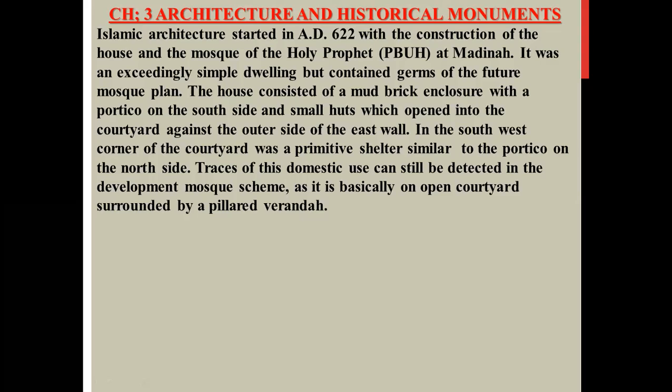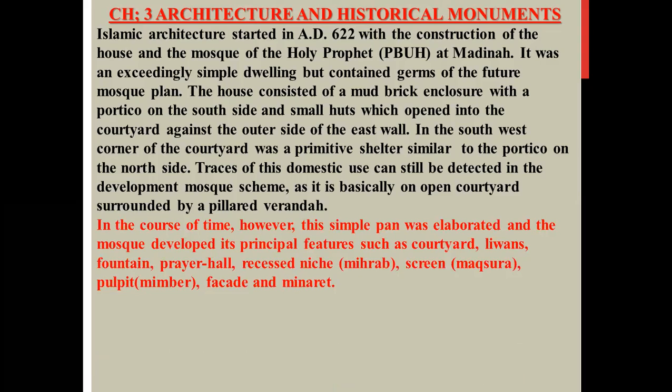That open space was supported by pillars so that it could be used as a room. Dear students, in the course of time, however, this simple plan was elaborated and the mosque developed its principal features such as courtyard, lawns, fountains, prayer hall, recessed niche, which means the mihrab, screen, maksura, pulpit, minbar, facade and the minarets.